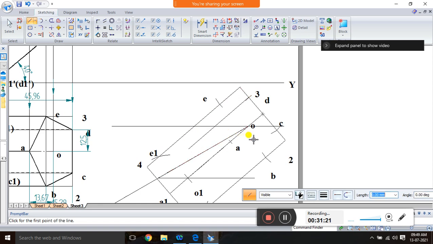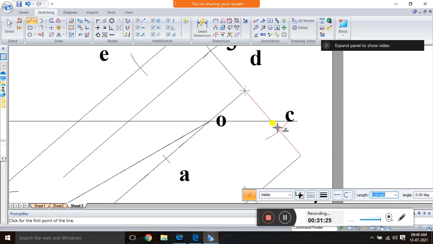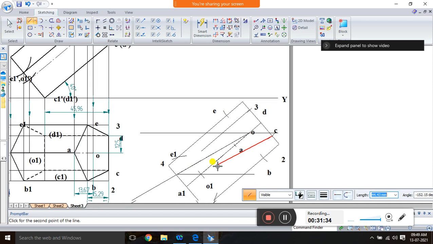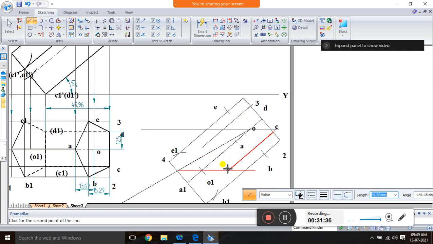Clear? And similarly, another one, okay, and it is also parallel to this, and it is of 45.96.